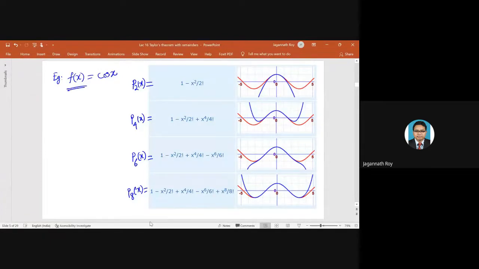then what happens? We try to approximate the function f(x), the red curve. This is cos x.